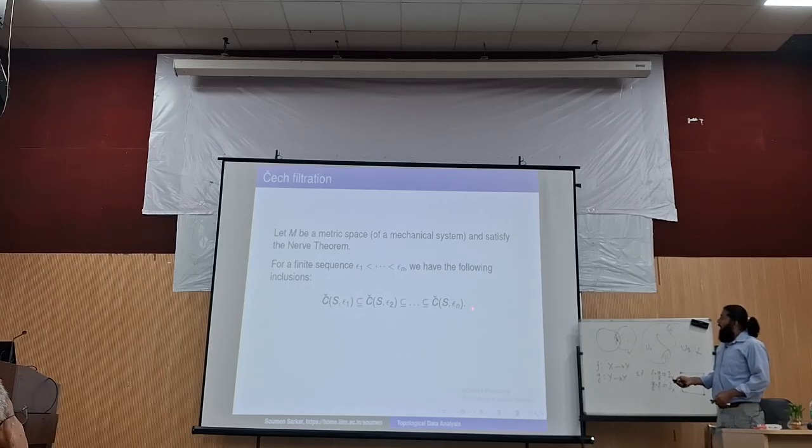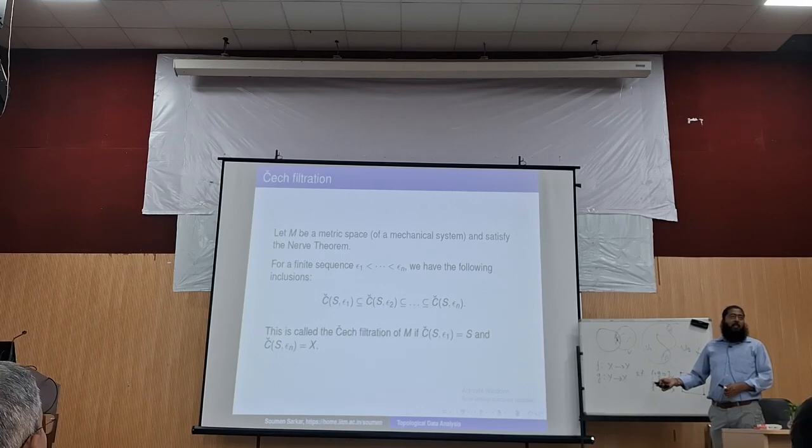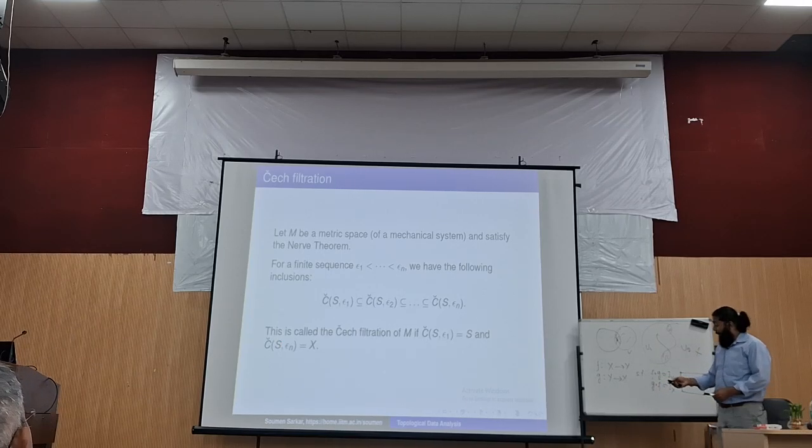The difficult part is to find this epsilon 1 such that this set will give the exact shape of the data. That is one difficult question in topological data analysis. If we get this, then we are happy. But how to determine that epsilon? It is a good problem.